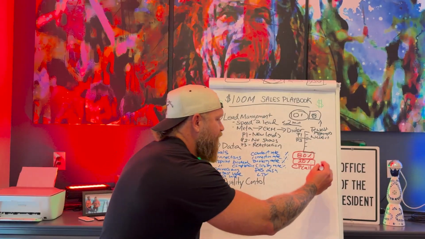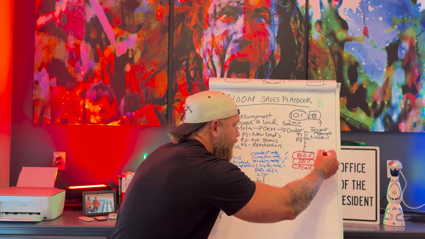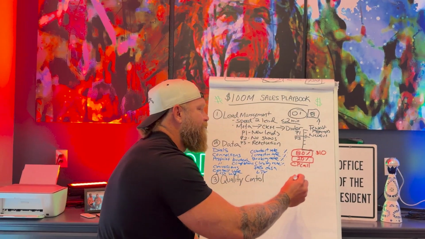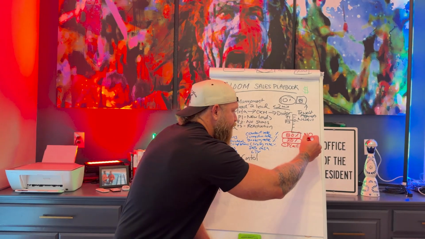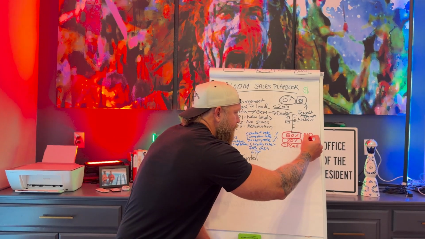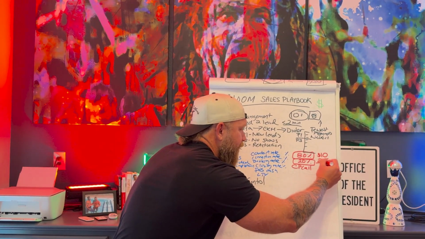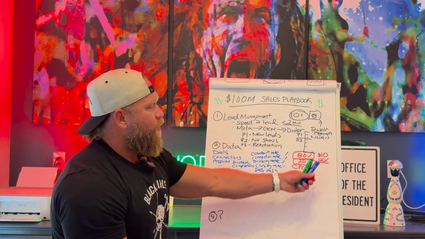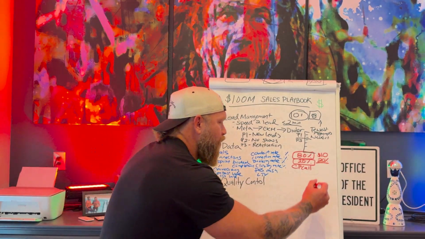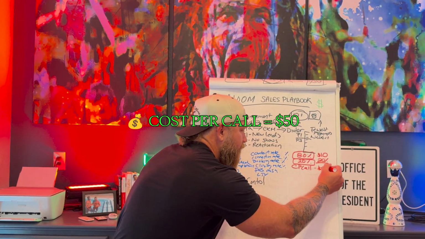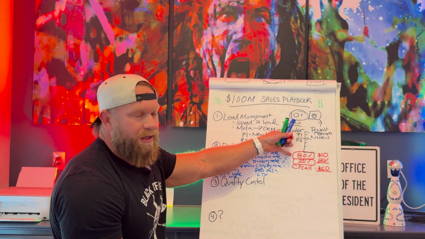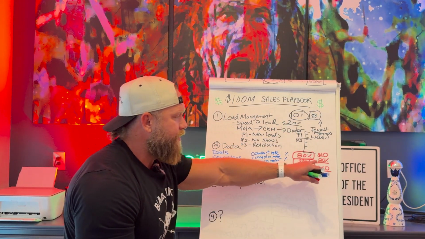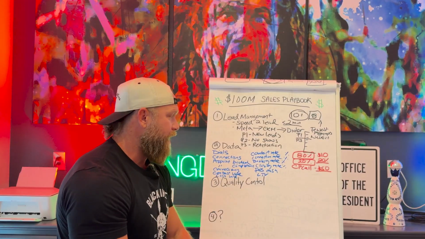Because if your leads are, let's say, $10, and your lead efficiency, so the number of leads you book into appointments, let's say is 20%, which would be a good lead efficiency, well, then it takes me 5 leads to create an appointment, so your cost per call would be $50, right? But these are now leading indicators, right? Your contact rate and pickup rate are leading indicators that dictate that lead efficiency number.